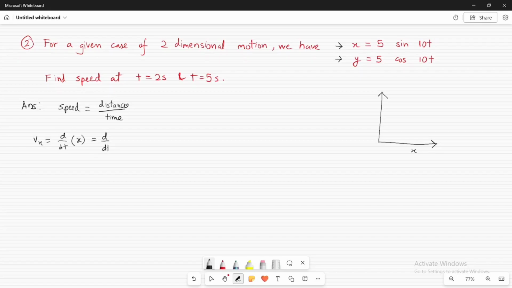or d by dt of 5 sin 10t. That means 5 will remain as a constant and we will have d by dt of sin 10t.